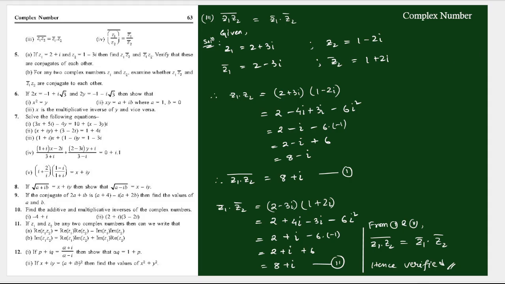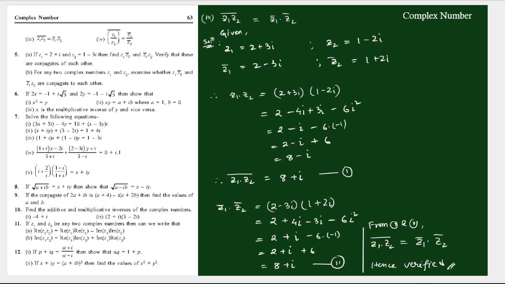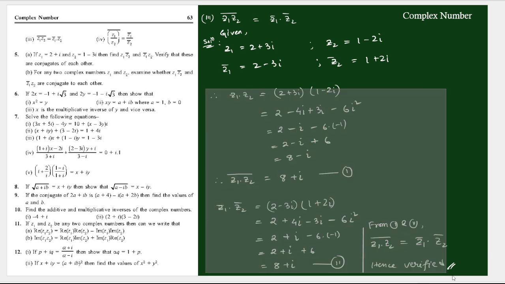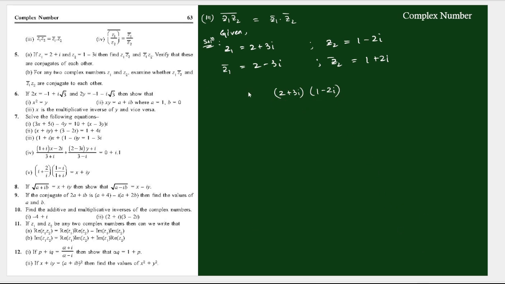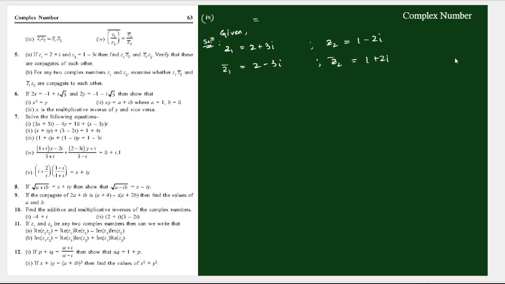And next will be question number 4. Since z1, z2 is given, now we need to prove z1 by z2 conjugate, z1 conjugate divided by z2 conjugate.